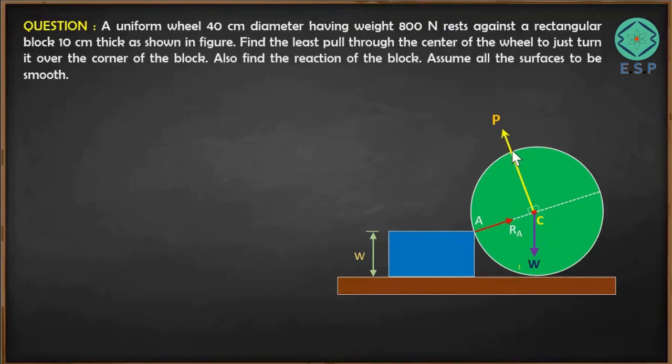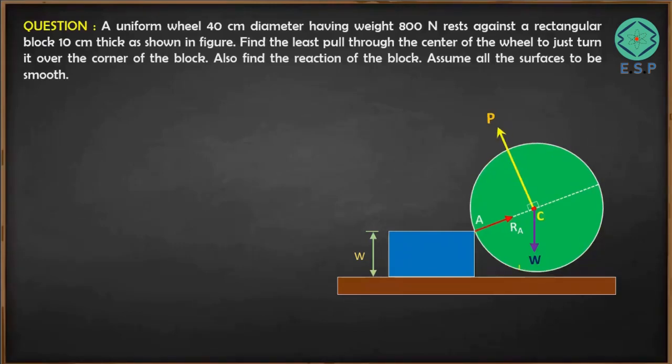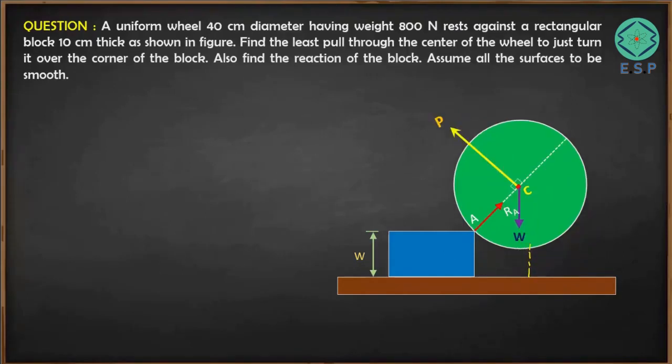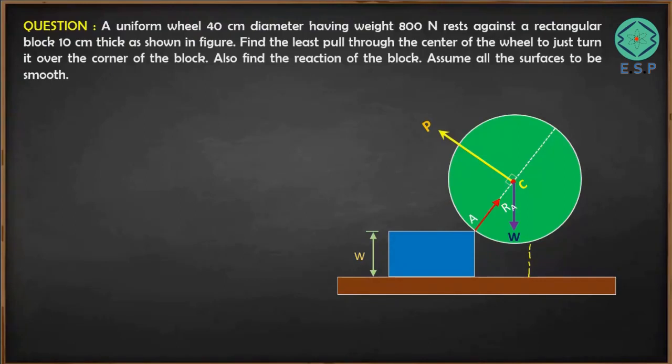To understand the rotation of this particular wheel about the point A due to application of the pull force P, let's understand how the wheel is undergoing the rotation. So this is the next position of the wheel. Now if you just concentrate on the position of the weight of the wheel which is acting downward. So this is the position of the weight. If you further rotate it, you can see that since weight remains vertical, the distance is reducing.